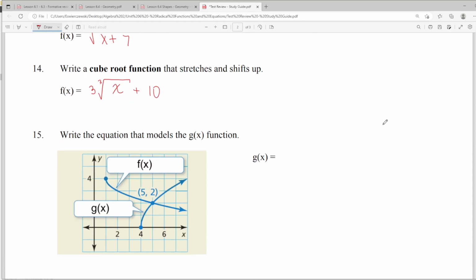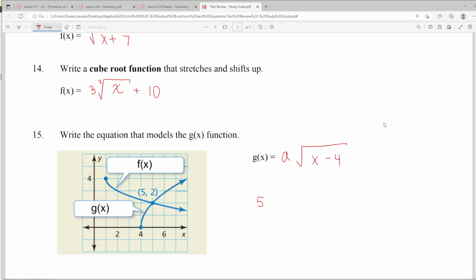All right, write an equation that models g of x. So here's g of x. Looks like it's a square root function. It would have a shift of 2. Or well, we don't know what a is, but let's see how to do it. So it's going to be x minus 4 plus 0. And I know another point, 5, 2.